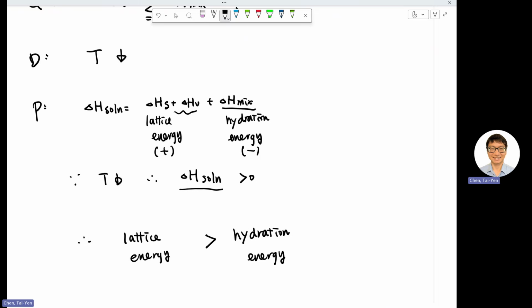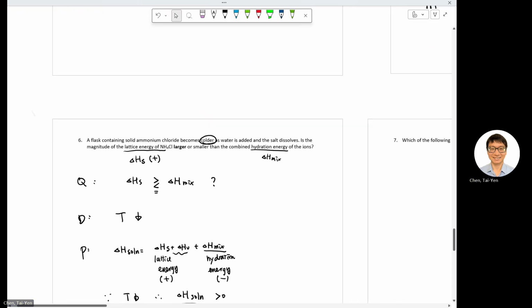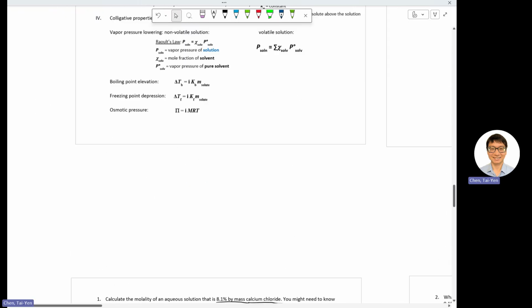Negative will be the reverse. So that's a key concept that you must know for this topic. Any questions? We good? Then we can come to the second big thing that we want to discuss.